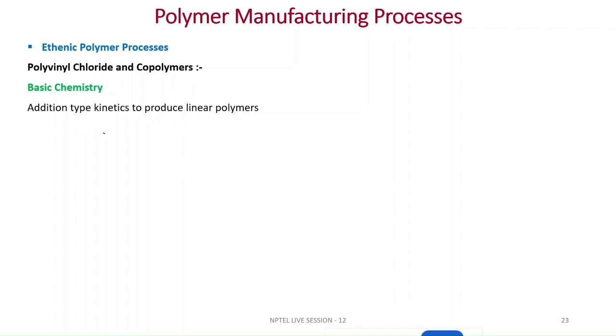When you talk about PVC, we will have vinyl chloride, and n number of this vinyl chloride will react in an addition reaction, and it will form polymers, so it will form polyvinyl chloride, PVC.